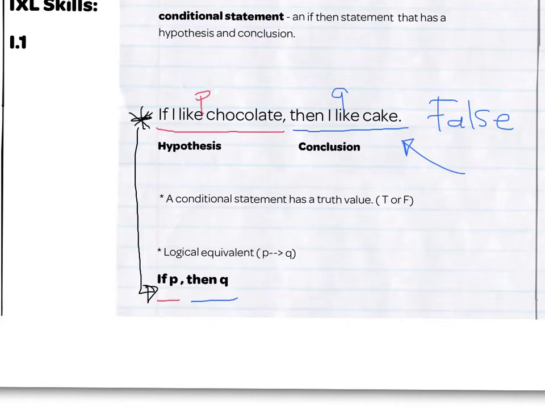So if P, then Q. And again, that can be true or false. And that is actually written in mathematics this way: P, and this little arrow to the right, and then Q.